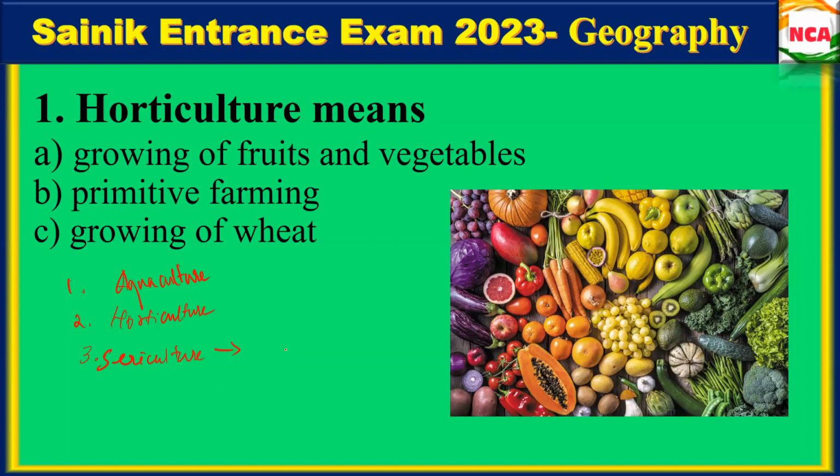Silkworms. Pisciculture is for breeding of fish, especially in constructed tanks and ponds like that. Okay, breeding of fish.